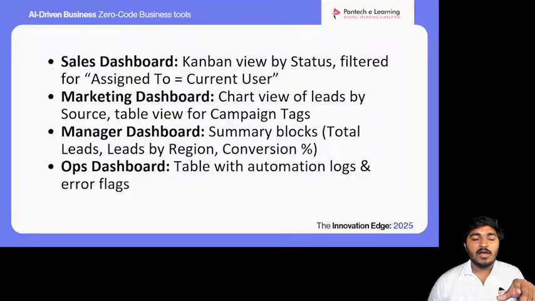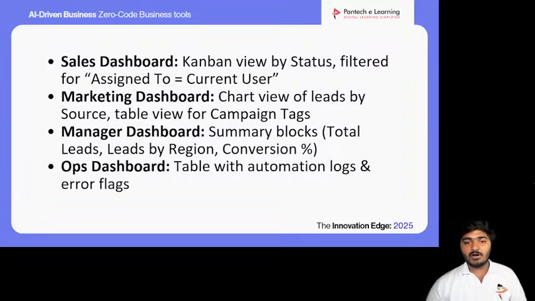And lastly, the manager dashboard, with summary blocks. He will have access to all of it, right? The manager has to manage, so we have to give access to every data: summary blocks, total leads by region, the conversion rates, the total data and how they're performing, so he will take care of it. And lastly, the operations dashboard, which the admin has to look at: how the operations are going, what is coming in and out of the data, product sales, all those things.